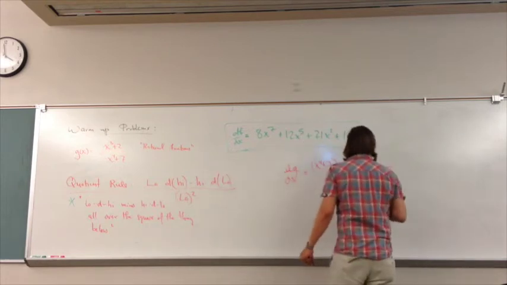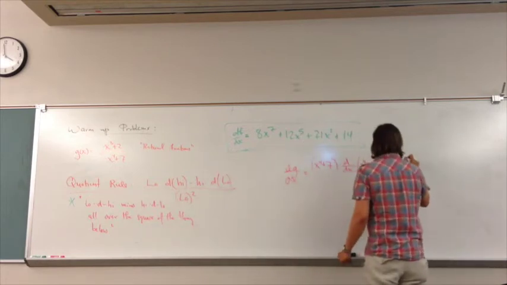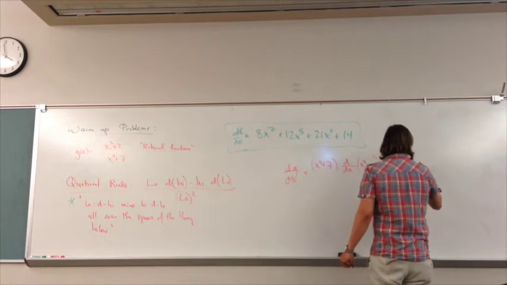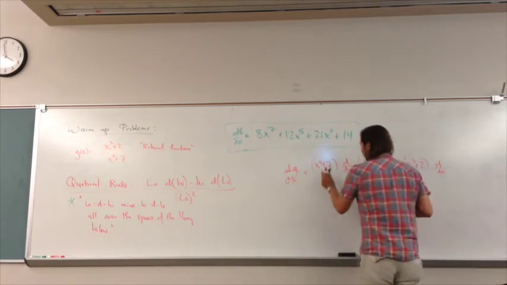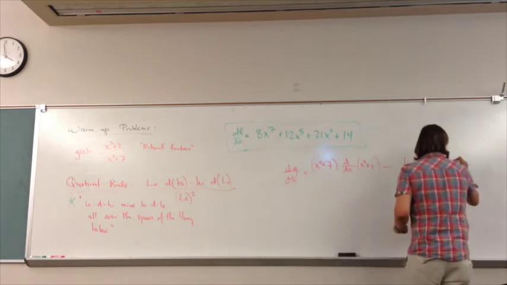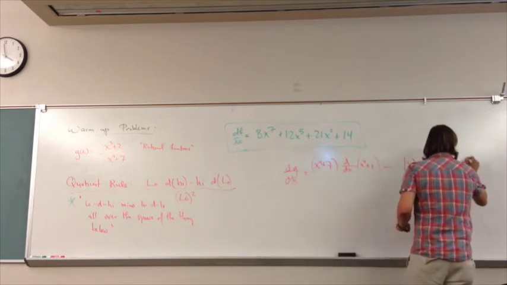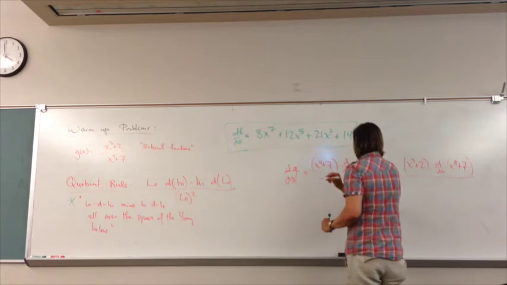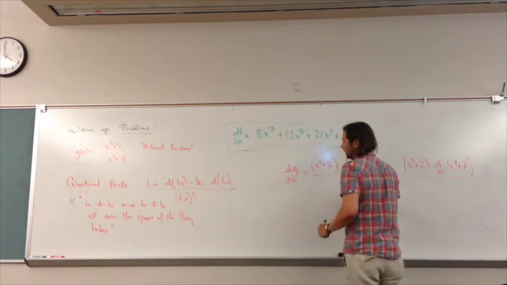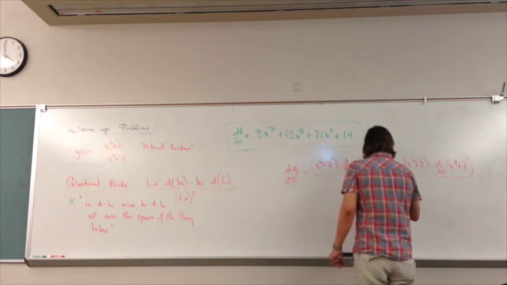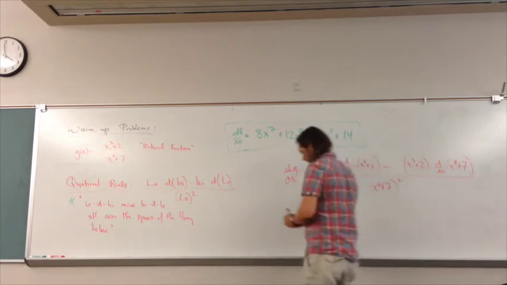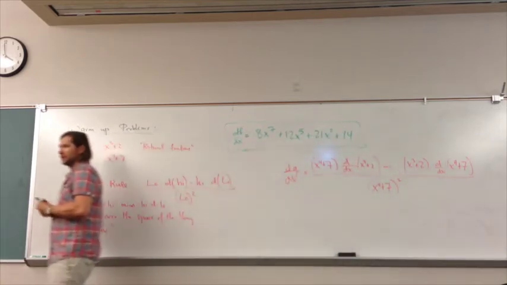And it's minus high d low. So now high is x to the 3rd plus 2. And I'm taking the derivative of x to the 4th plus 7, because that's the low part, the denominator. And then I need to square the thing below, which is the x to the 4th plus 7. So that's the derivative before I've simplified.